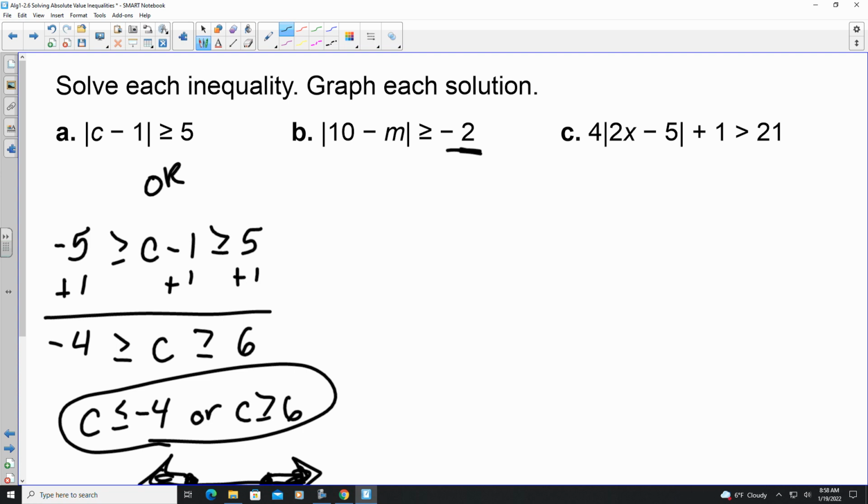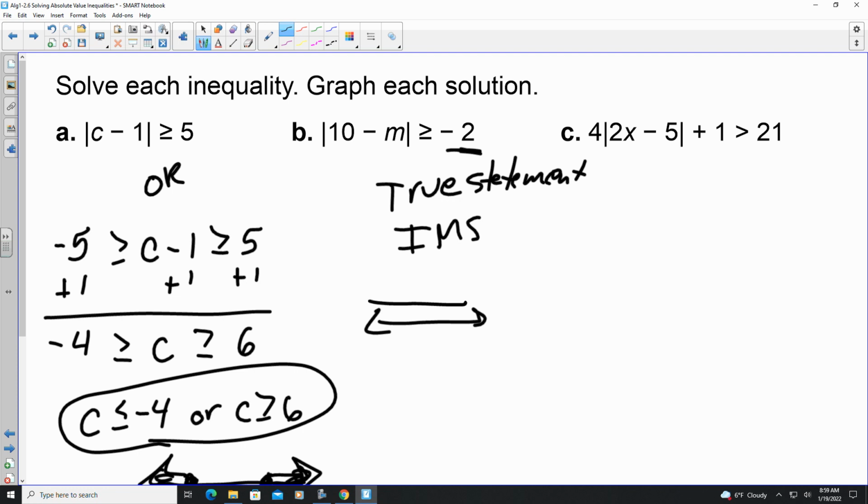So that means that every number that we're going to get is positive, and even also 0. So 0 is greater than or equal to negative 2. So we're going to get all true statements here. And since we're going to get all true statements, we're going to get infinitely many solutions or all real numbers. And if we were to graph this, you would just simply shade every value in the number line.